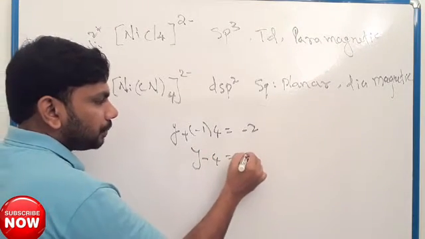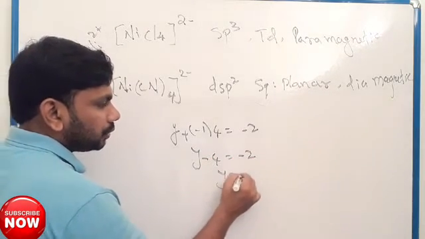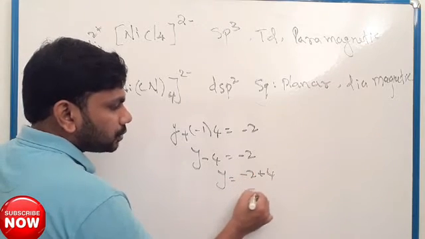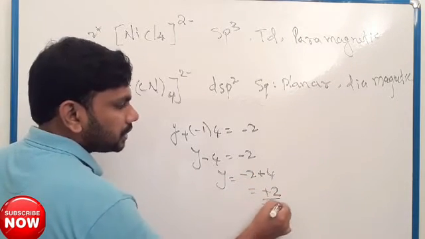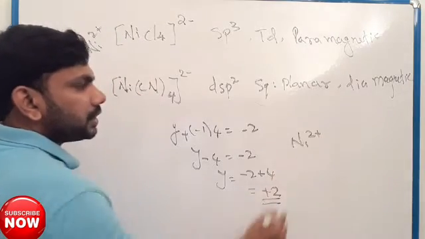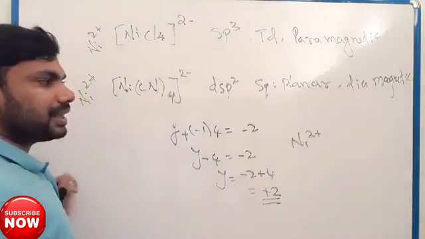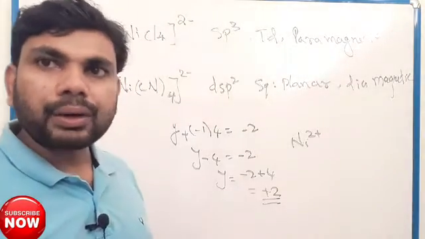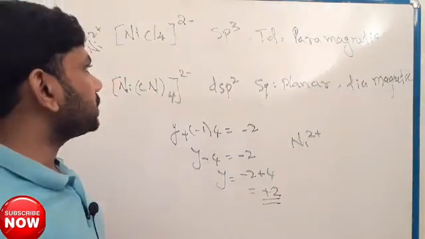So y equal to minus 2 plus 4, it will be plus 2 oxidation state. Both coordination compounds have nickel in plus 2 oxidation state.